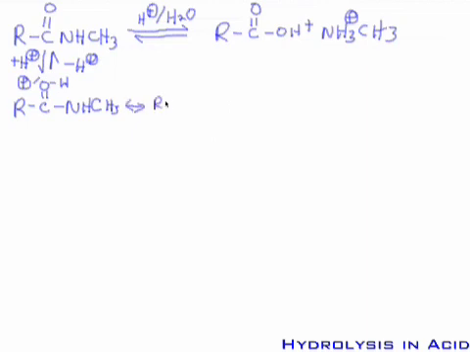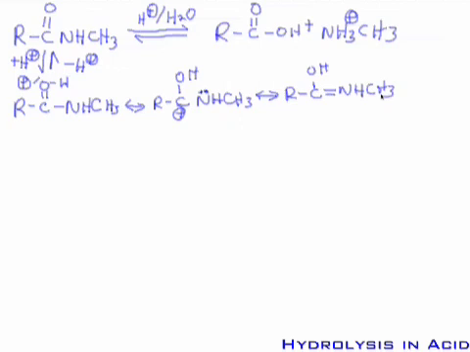So I've got RCOH plus NHCH3. Don't forget there is also a resonance contributor from the nitrogen to this. I could dump the lone pair from the nitrogen, get a third resonance contributor, RCOH, which would look like this, and put the positive charge on nitrogen.